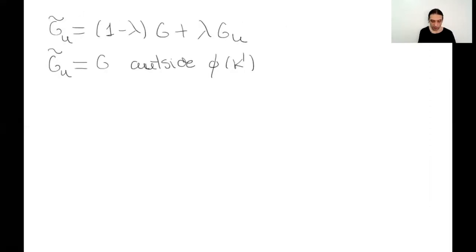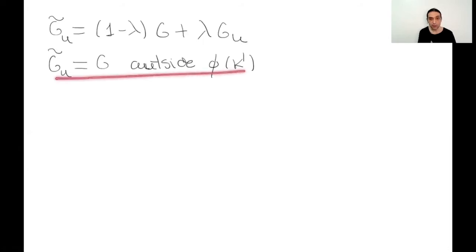And when we consider this formula over here, in which, independently of U, all the maps that we define are equal outside of some compact set, what we get is that when U, being a regular value, converges to 0, capital G_U converges to capital G in the weak topology.